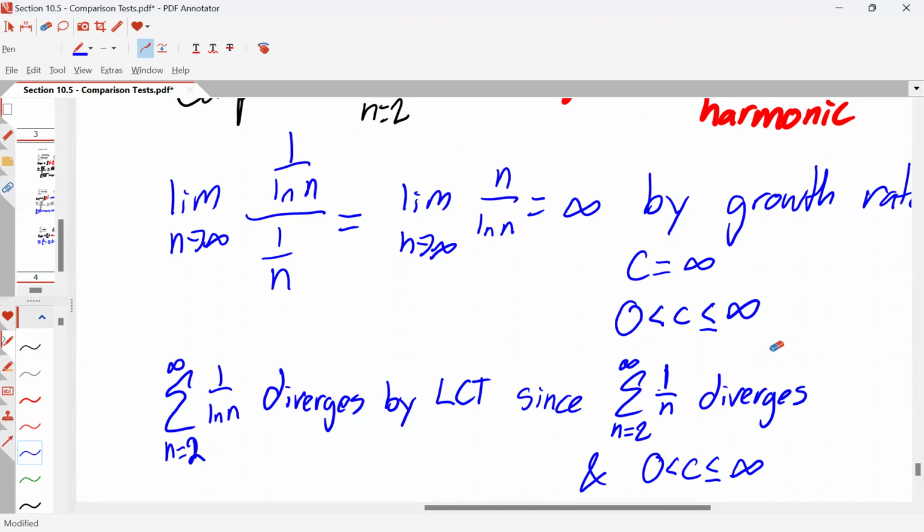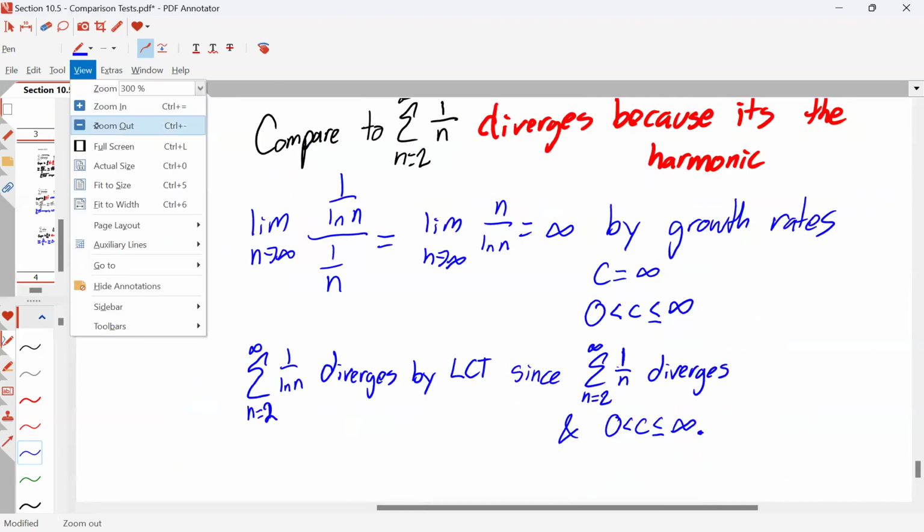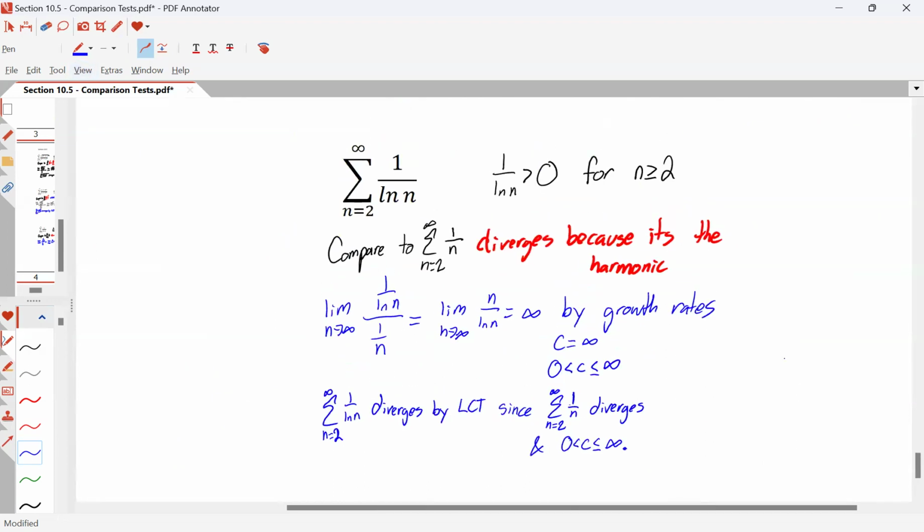That line is always important, and I'm including it in the sentence here to add to its importance, given the fact we got infinity. So there are 3 examples of using the limit comparison test. And so now we have our 2 comparison tests that can be used for telling if a series converges or diverges.